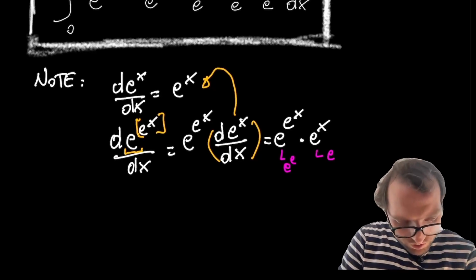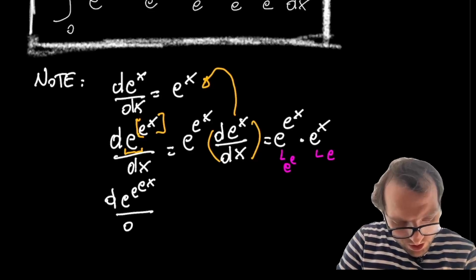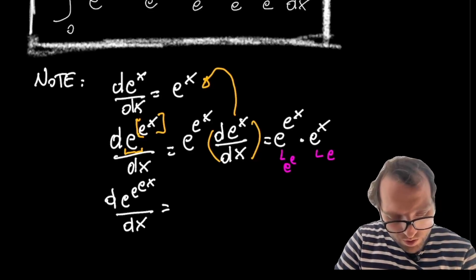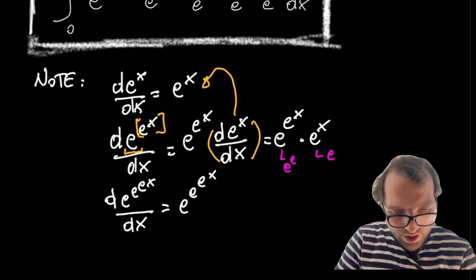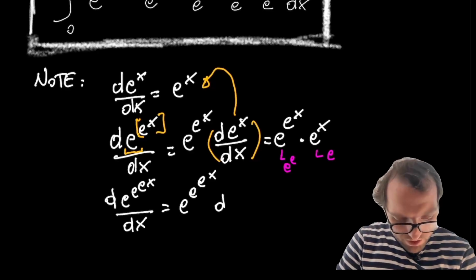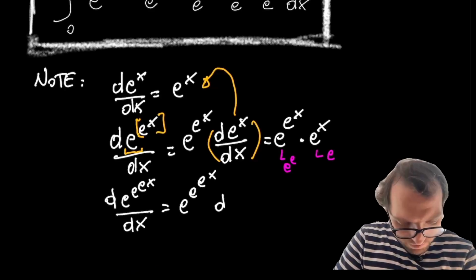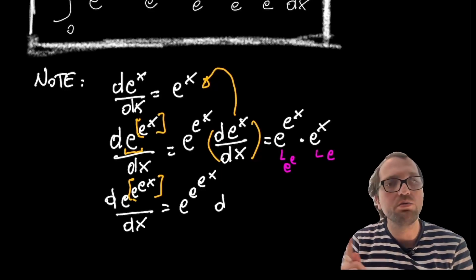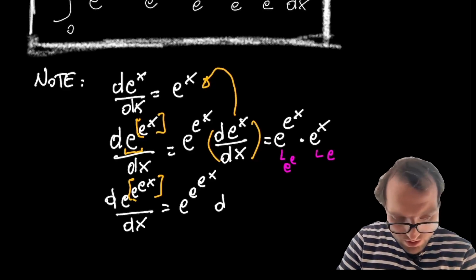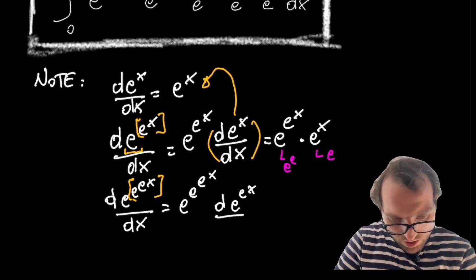So now let's try to derive e to the e to the e to the x. So now we have the same exponential, okay, and here we have the derivative of the nested function, which now is e to the e to the x.